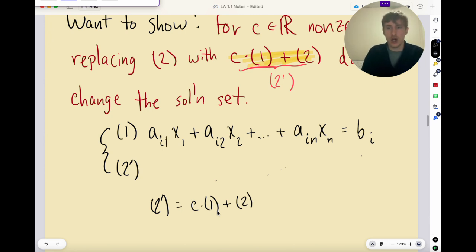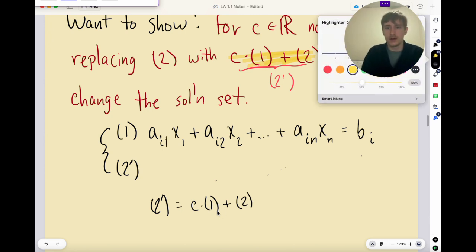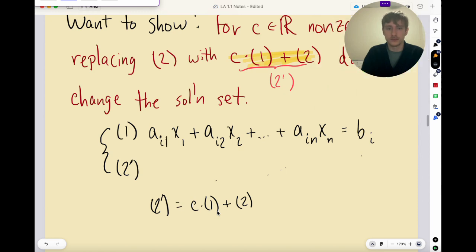So the first term: I'm taking c times that term plus the original from equation 2. I'm taking c times ai1 x1, and I am adding the original from equation 2, which remember was aj1 x1.